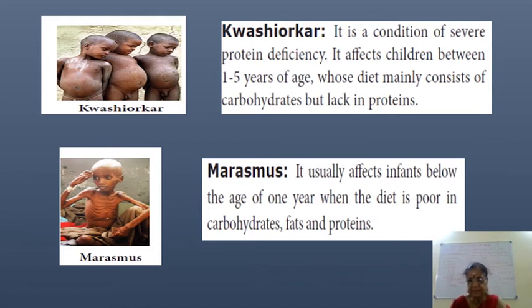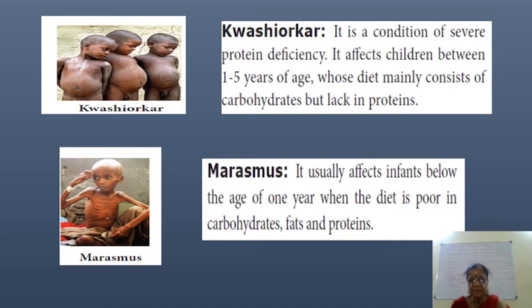The next one: if protein is not present sufficiently in our body, especially in children, they suffer from a condition called kwashiorkor. Kwashiorkor is a condition of severe protein deficiency.